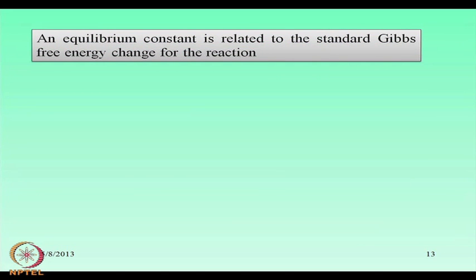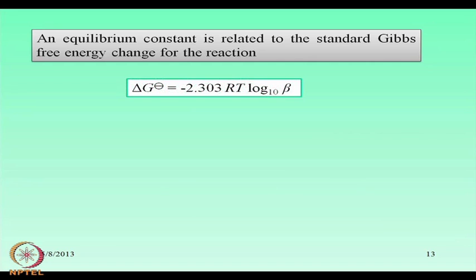So for that, the equilibrium constant is related to the standard Gibbs free energy. So both delta H and delta S are related to the standard delta G. So the delta G values should be related to the corresponding enthalpy term and the entropy term by the equilibrium constant value, which is the beta value. So delta G0 will be equal to minus 2.303 RT log to the base 10 beta.